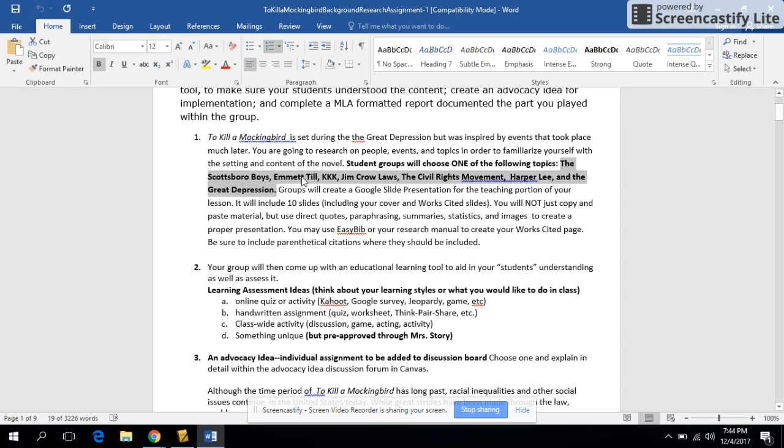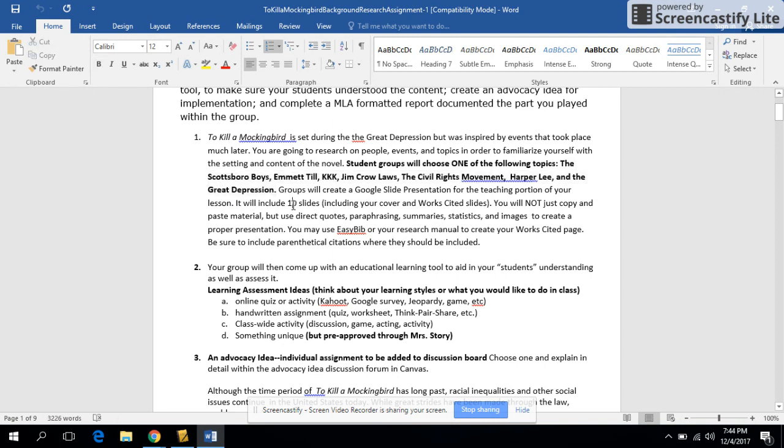There are seven things here, so there's not going to be 15 people in one group. You are going to divide the class equally, so there are about 4 or 5 people in each group. Some might be three, but you're going to have to divide it sort of equally. So you're going to choose one of these topics.